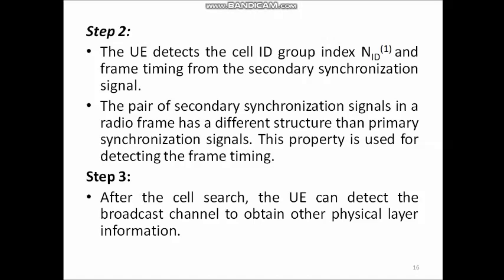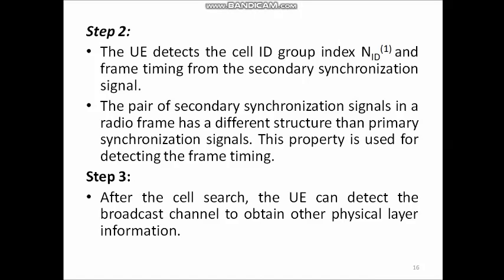Next, in step 2, the user equipment detects the cell ID group index NID1 and frame timing from the secondary synchronization signal. Here the index NID1 is detected by identifying the shift in the received signal, and the pair of secondary synchronization signals in a radio frame has a different structure than the primary synchronization signal.